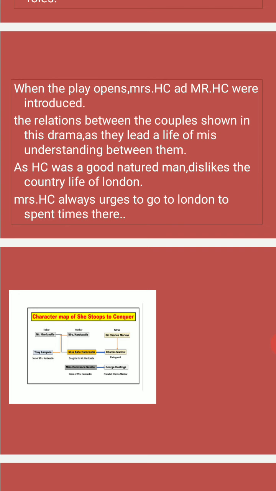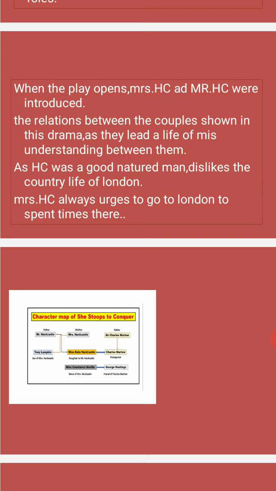She doesn't want to be in the country when the leisure starts. When there are holidays, she wants to vacate from this country and spend her leisure time in London. So Mrs. Hardcastle always urged to go to London.